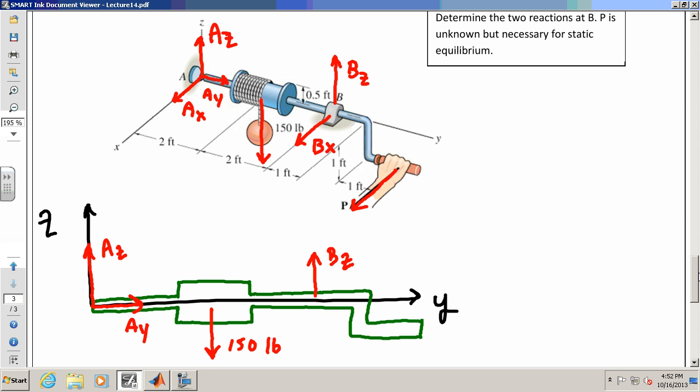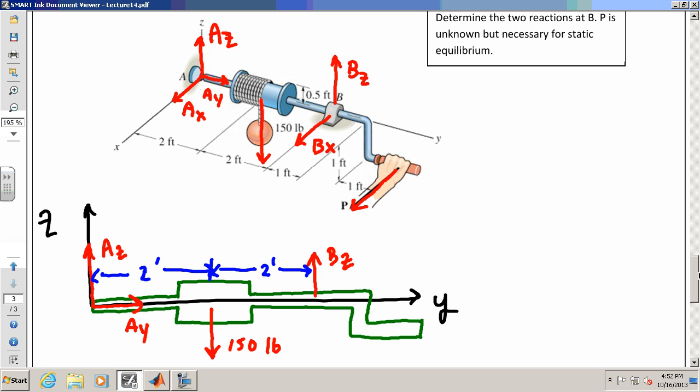What's the distance between the 150-pound force and A? It sure looks to me like the picture shows 2 feet. And what's the distance between the 150-pound force and B? Another 2 feet. So this is really easy.